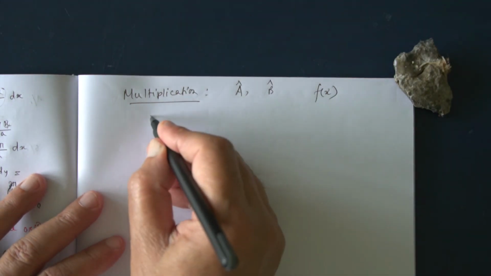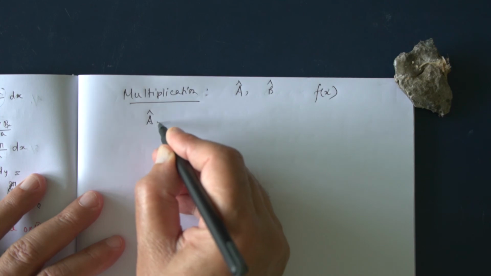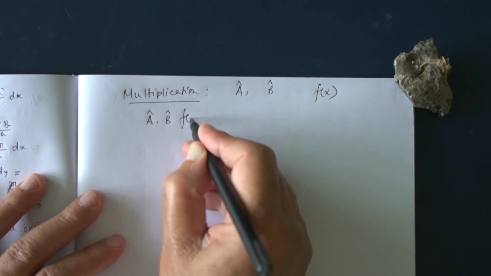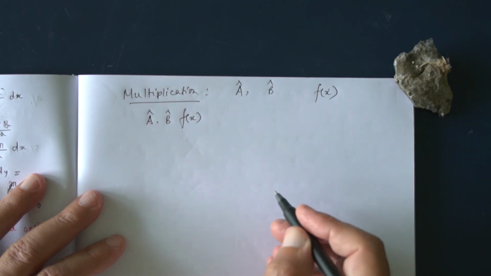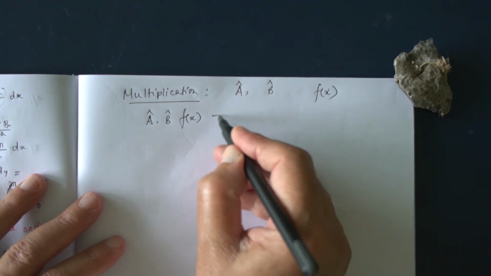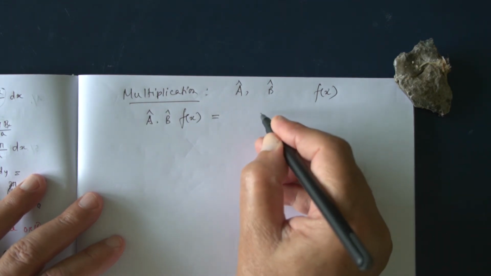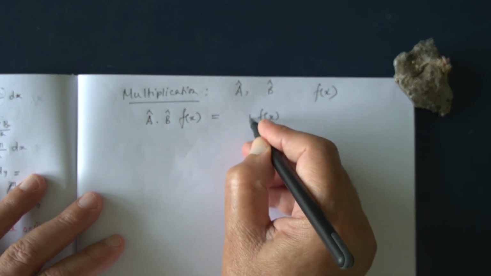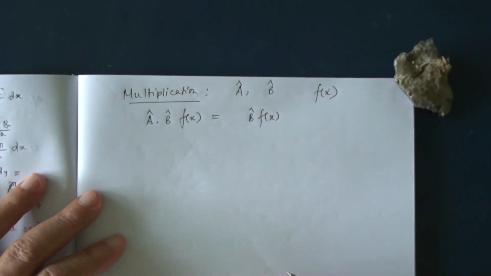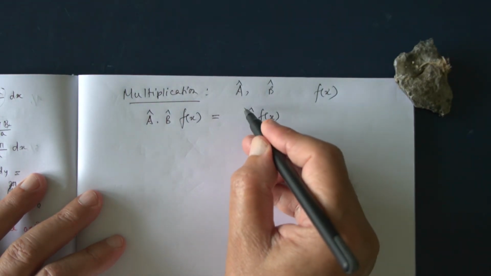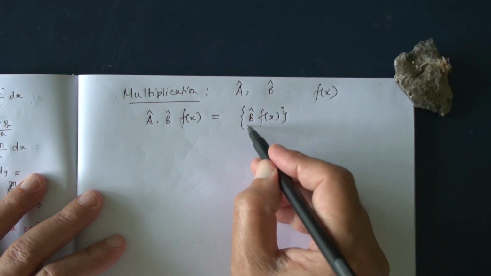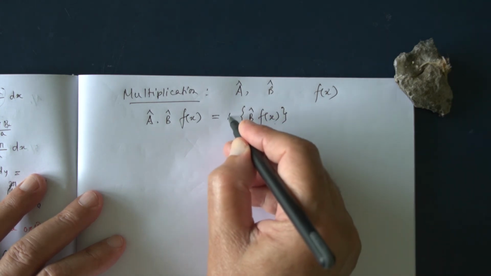Say we are multiplying the two operators A, B. Of course, we need a function. What it means? It means we operate the function by operator first, by operator B. Then whatever result we get, that result is operated upon by A.